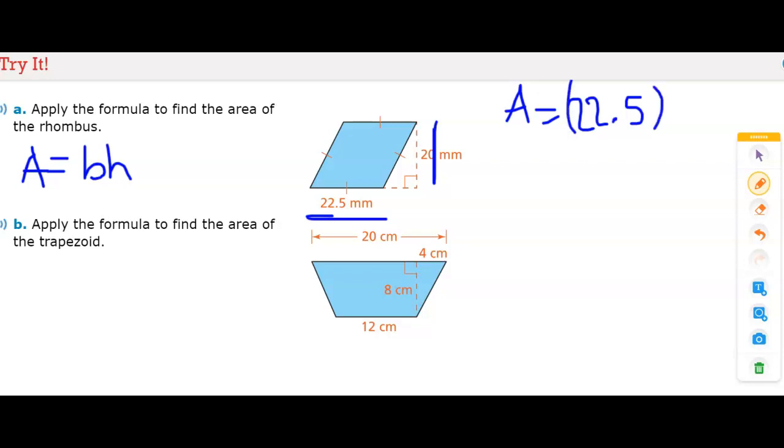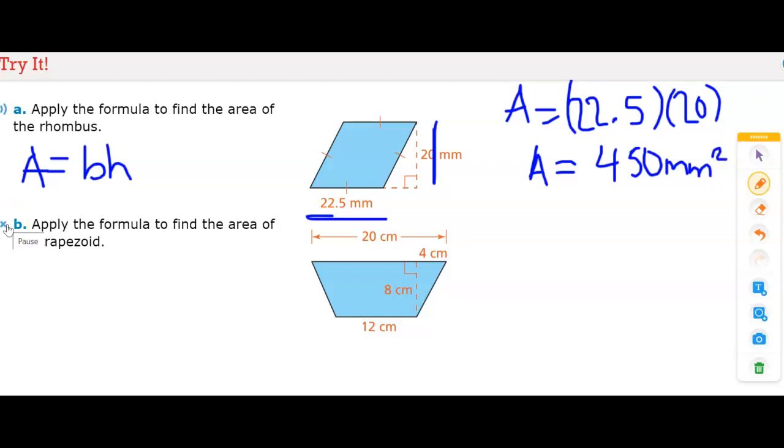I'm just going to put a parentheses around it so we know we're multiplying. That's another way of saying we're multiplying. And so then you take the 22 and 5/10, multiply it by 20, and that gives you the area. That is 450. So the area is equal to 450 millimeters squared.